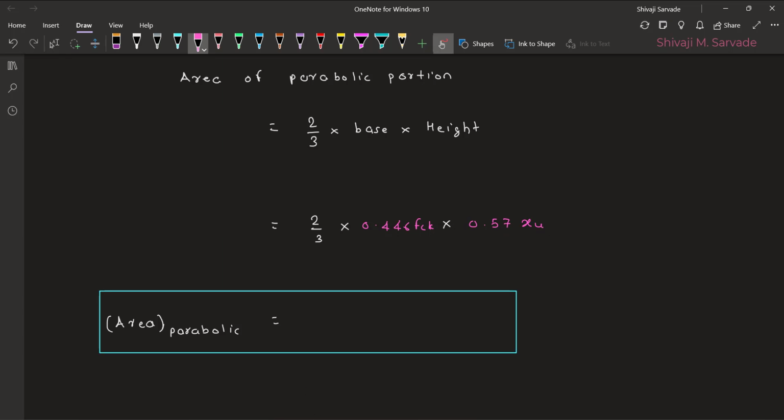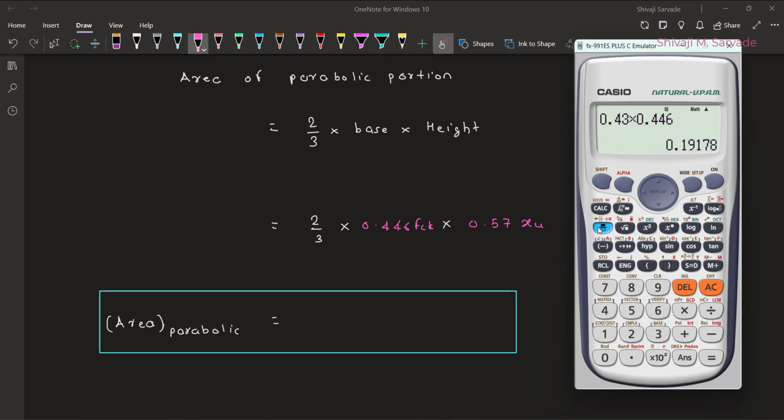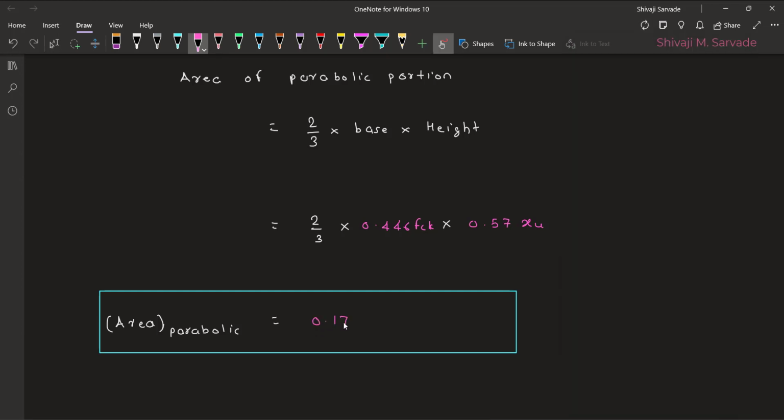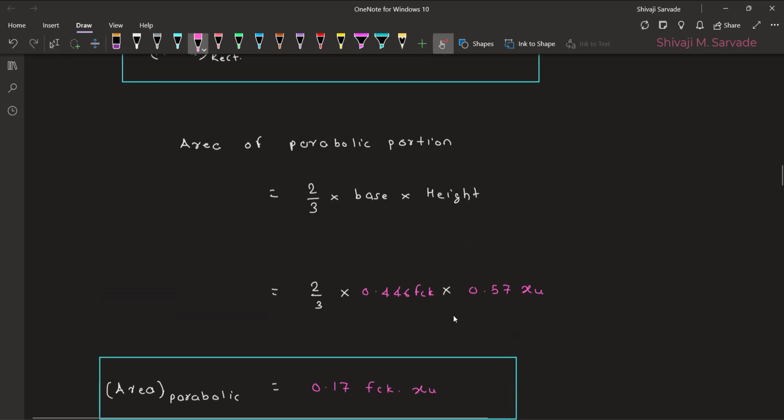Now if we multiply, we are going to get the answer. So it is 2/3 times 0.446 fck times 0.57. This gives us the value of, let's say, 0.17 fck into Xu. Okay, so now we have both the areas.